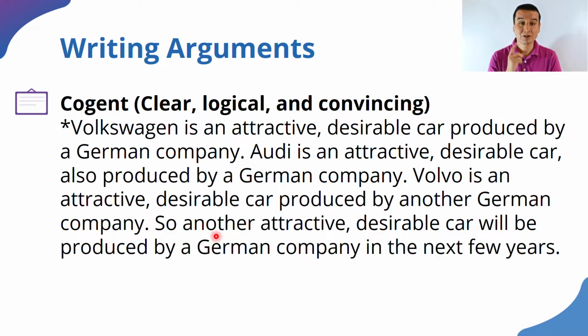So the conclusion is another attractive, desirable car will be produced by a German company in the next few years. It seems like a logical explanation here, because we're not giving a lot of room for other possibilities, but actually this is not a good argument.